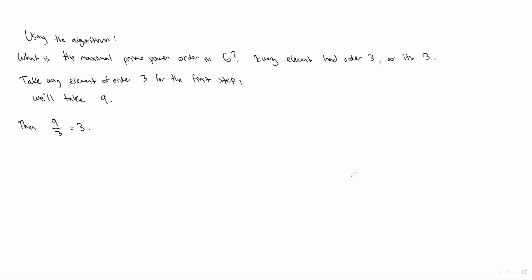Okay, I don't want to confuse this 9 with the other 9, so I'll take 16 instead. So 16 over 3 is 3. So now we look for an element G. Again, it should have order 3, but there's an extra condition.